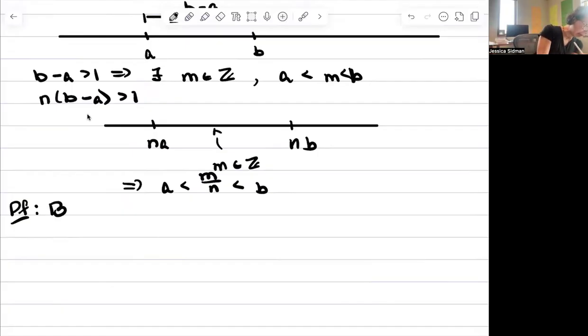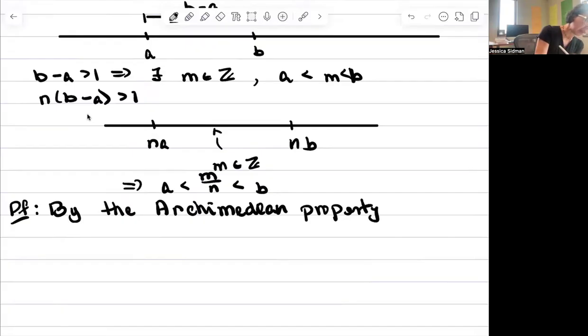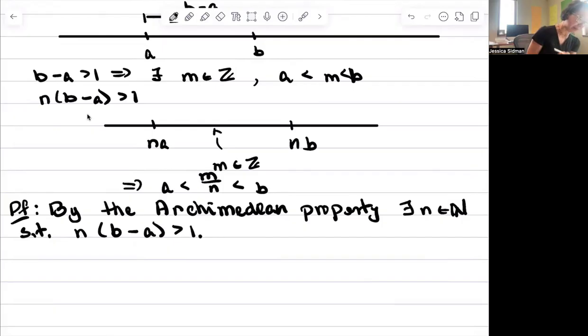So by the Archimedean property, there exists a natural number n such that n times b minus a is greater than 1.